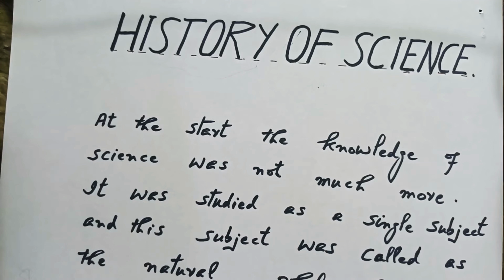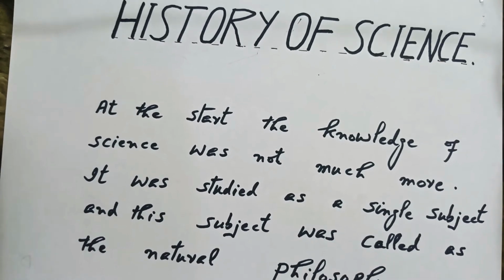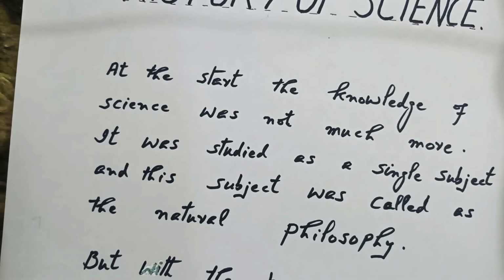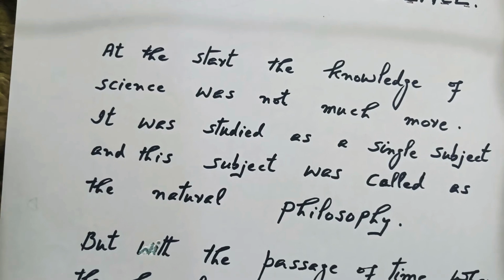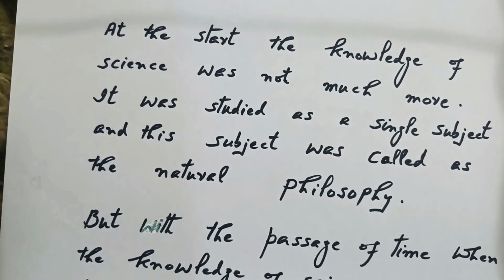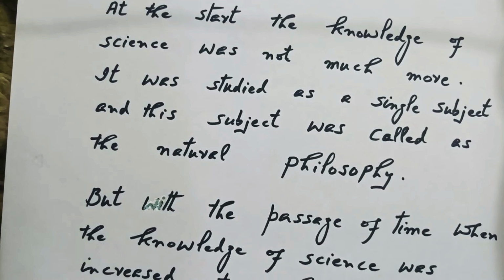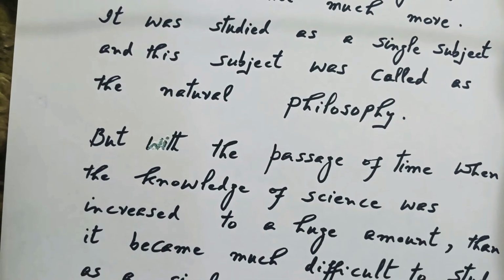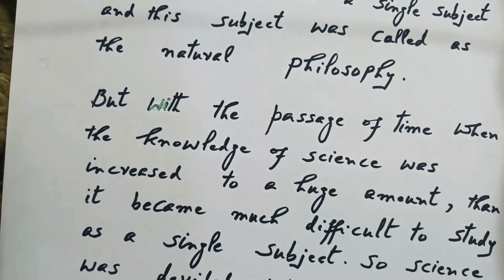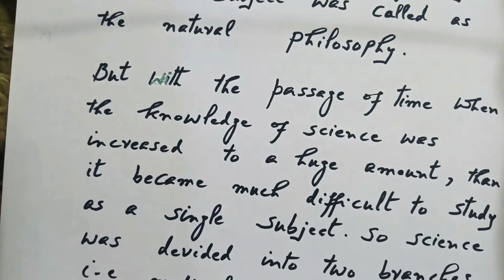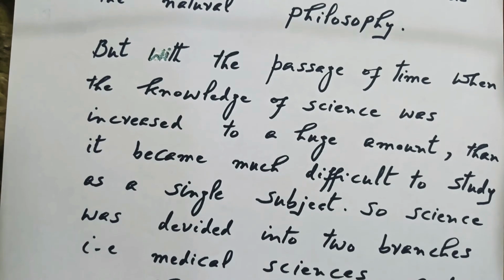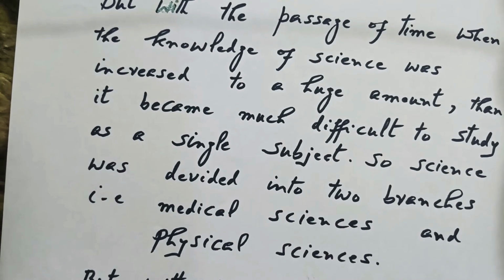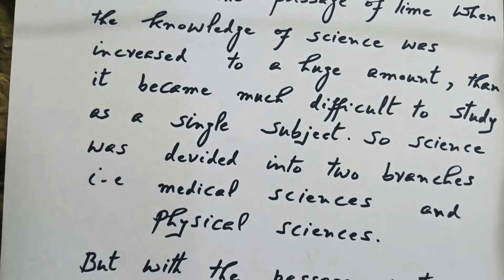Then we have the history of science. What was science initially? Initially, science was called natural philosophy, but with the passage of time, the knowledge of science was divided into two branches: medical sciences and physical sciences.